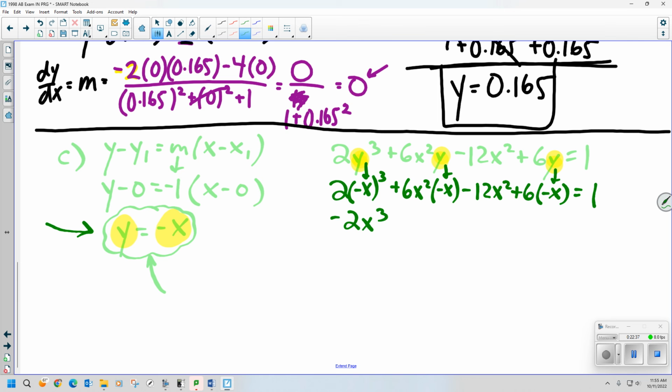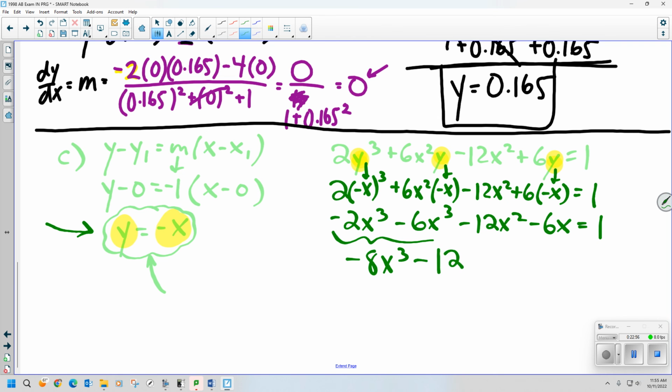So I've got -2x cubed, -6x cubed, minus 12x squared minus 6x equals 1. It's a lot of negatives. These two can combine: -8x cubed minus 12x squared minus 6x equals 1.